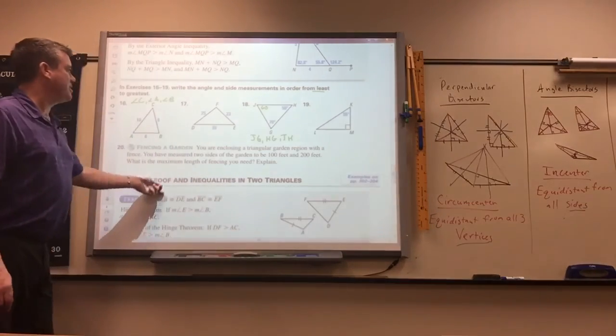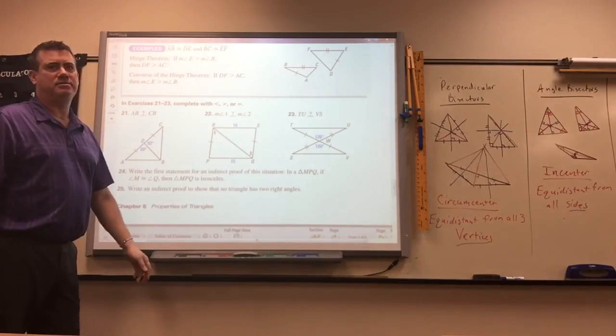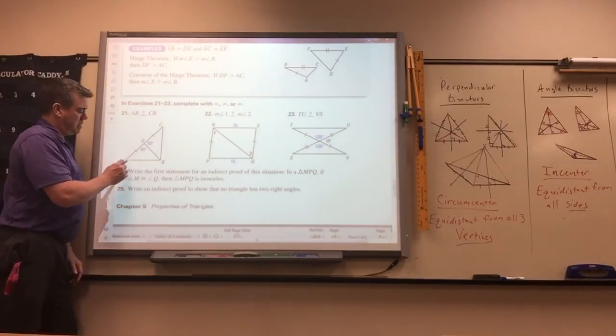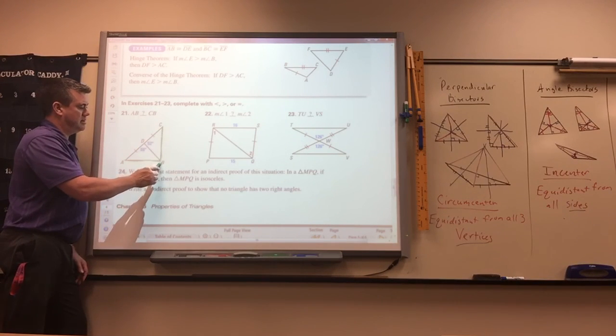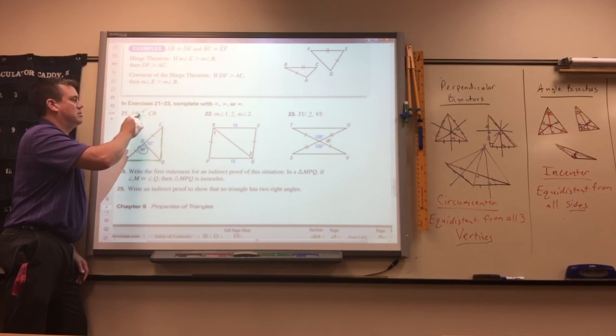And then the very last thing we did was that hinge theorem, where you just gotta put greater than or less than. So here is AB greater than, less than, or equal to CB? It's less than, because 88 is less than 92.